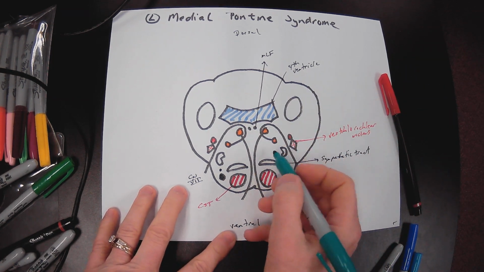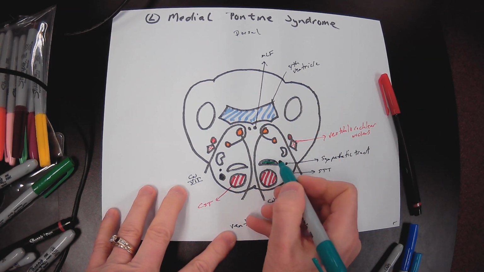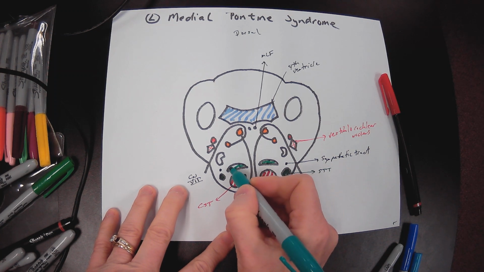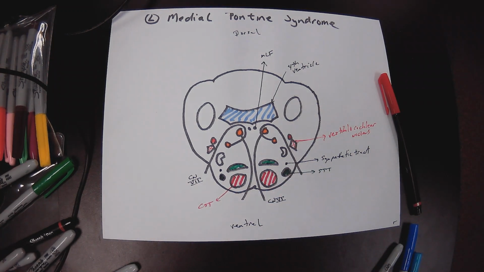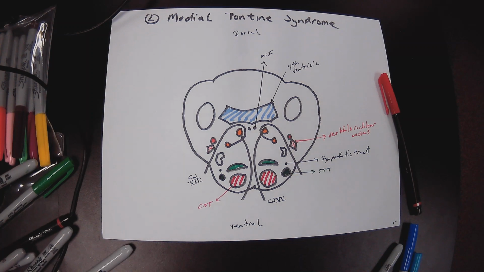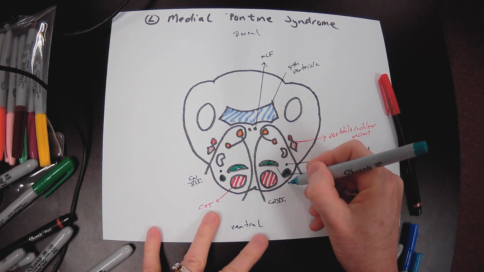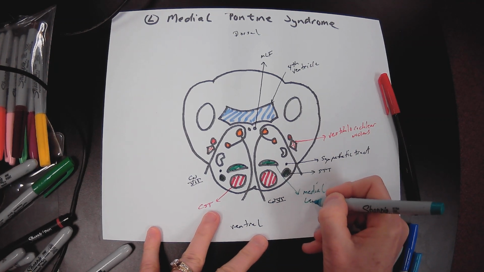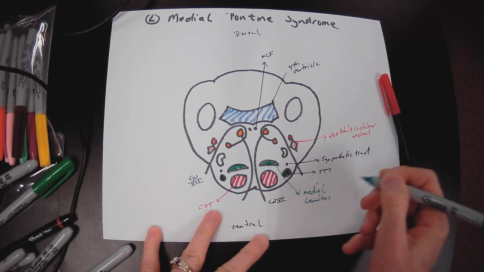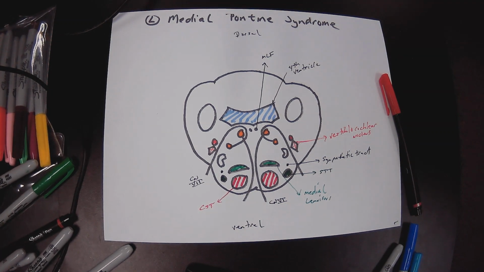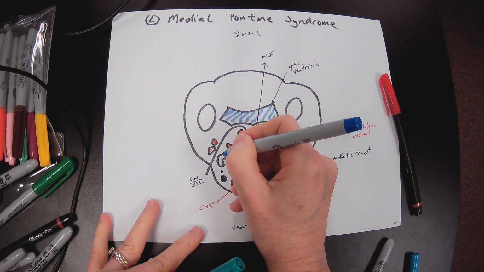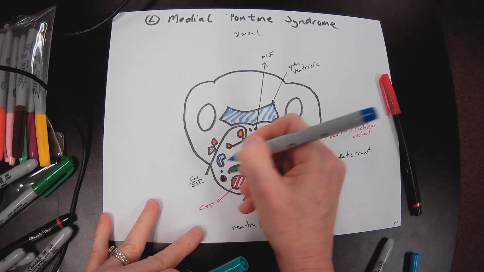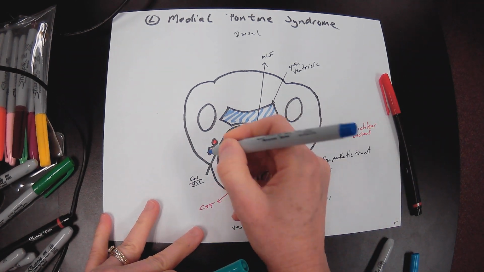Here in the pons, it's just migrated a little bit and changed position. It's still an elongated tract. This is your medial lemniscus. Okay, one more we haven't labeled yet is going to be, here's your spinal nucleus of trigeminal.